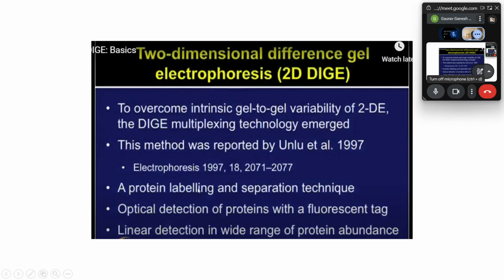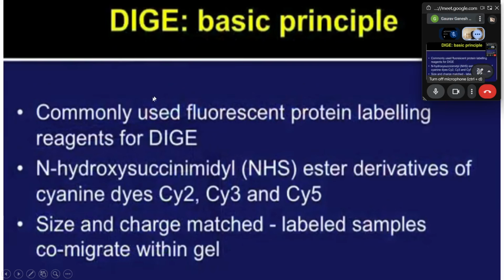Whatever labeling is done is with fluorescently tagged labels. Some of the commonly used are Cy2, Cy3, and Cy5, which have an N-hydroxysuccinimidyl ester. They are derivatives of cyanine dyes itself, and these dyes are used in this specific technique wherein size and charge match.